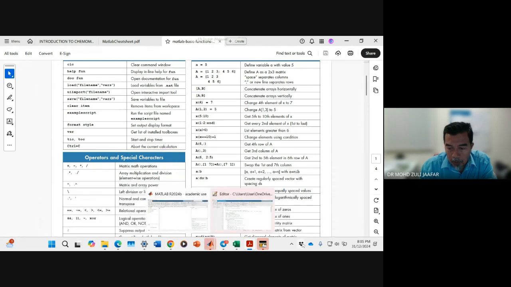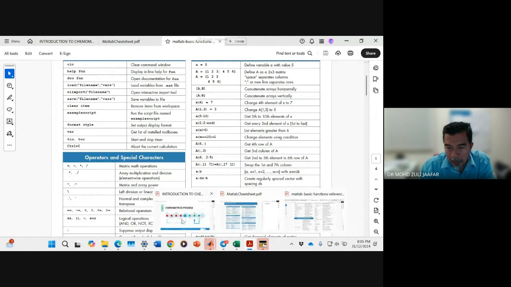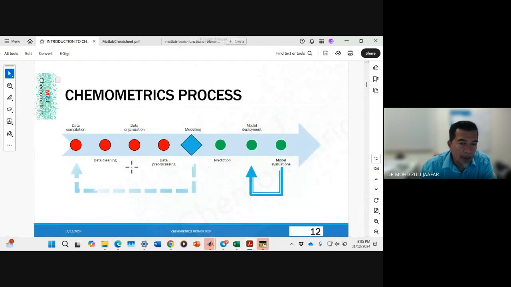Okay, I will continue with my slide. Just now, one of your friends asked me, what is the meaning of data cleaning? Sometimes when you import your data into some other software, say for example you have a chromatogram, FTIR spectra, IR spectra, sometimes when you transfer the data, there is an error of not a number.